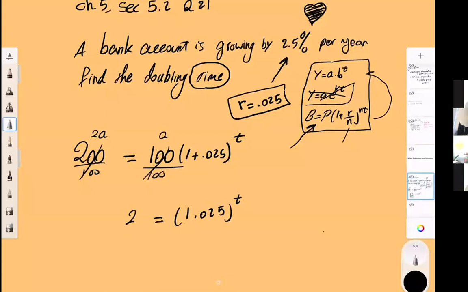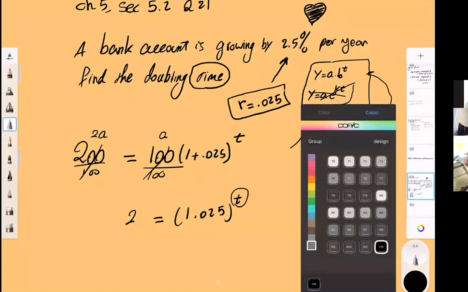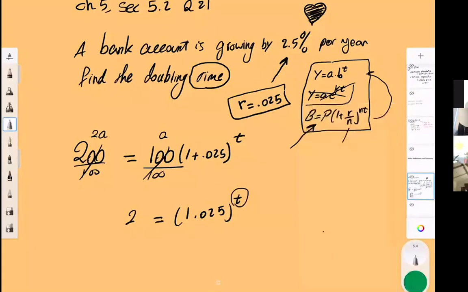So we are looking for this t. I don't want to solve all of them for you, but just hints. The unknown is in the exponent. Can we make them the same base?